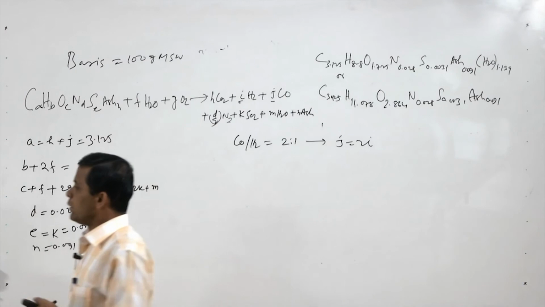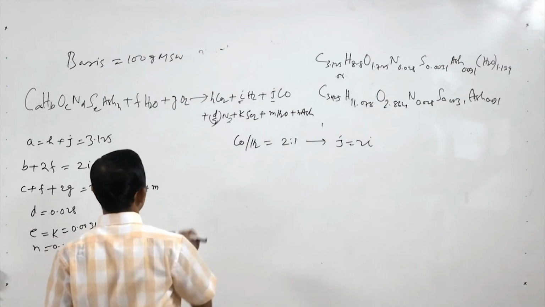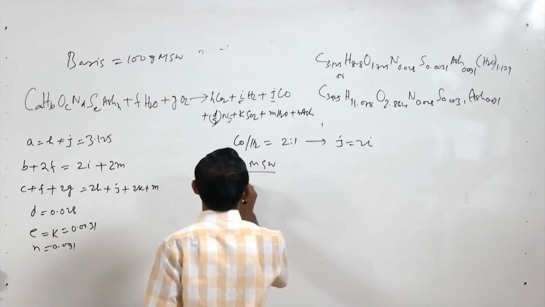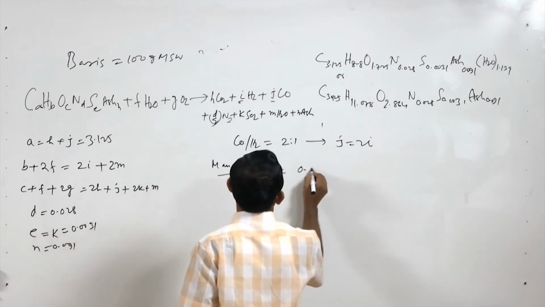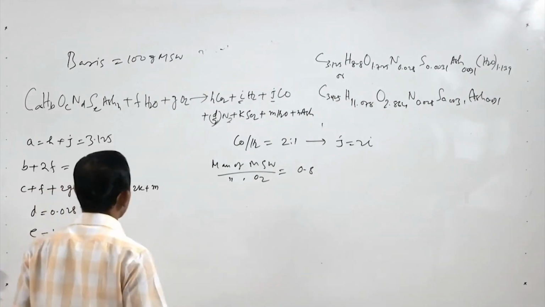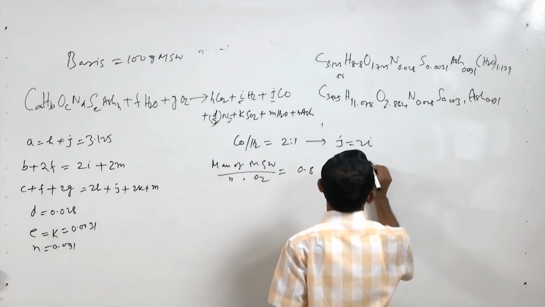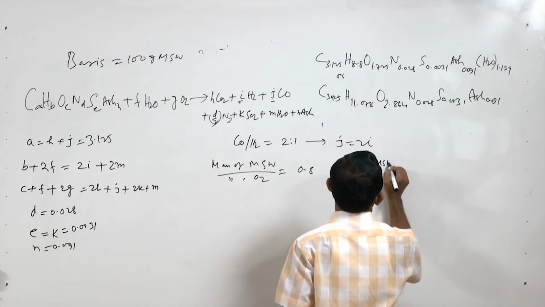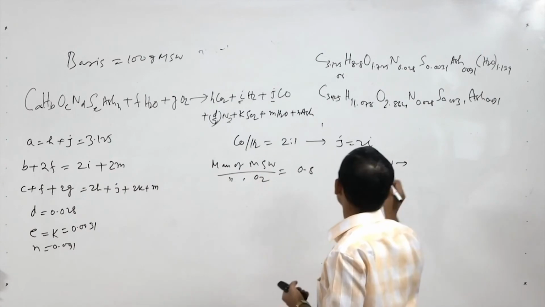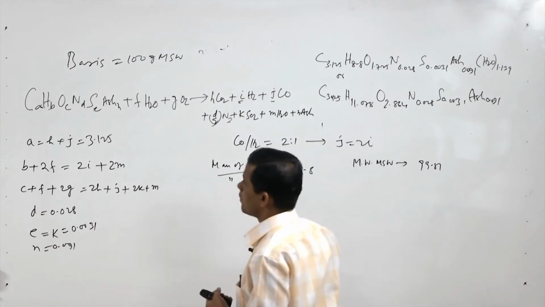Another is also given: mass of MSW by mass of oxygen is 0.8. It is given in the statement. So, the molecular weight of the MSW will obviously be around 100 gram as we have taken it. It is coming 99.8156 gram.